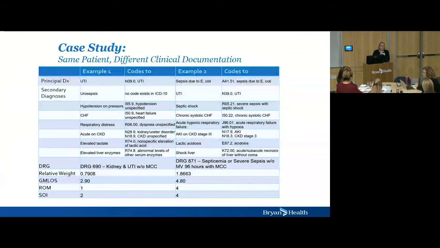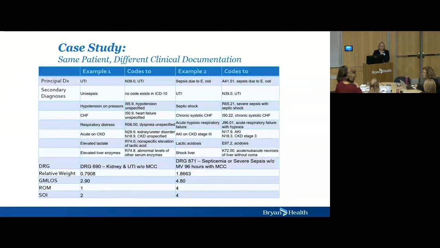Taking the same patient, but the provider documents differently. In this patient, the documentation was sepsis due to E. coli. Secondary diagnoses were UTI, septic shock, chronic systolic heart failure, acute respiratory failure with hypoxia, AKI on CKD stage 3, lactic acidosis, and shock liver.